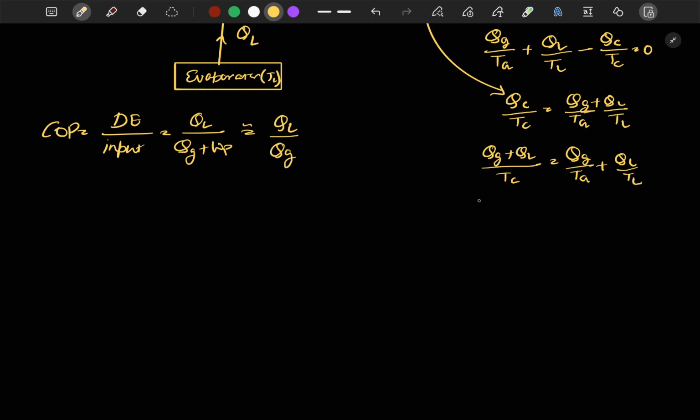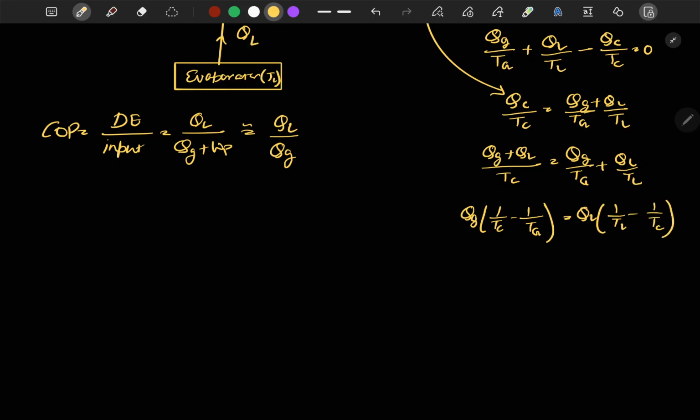So we can write QG times (1 by TC minus 1 by TG) is equal to QL times (1 by TL minus 1 by TC).